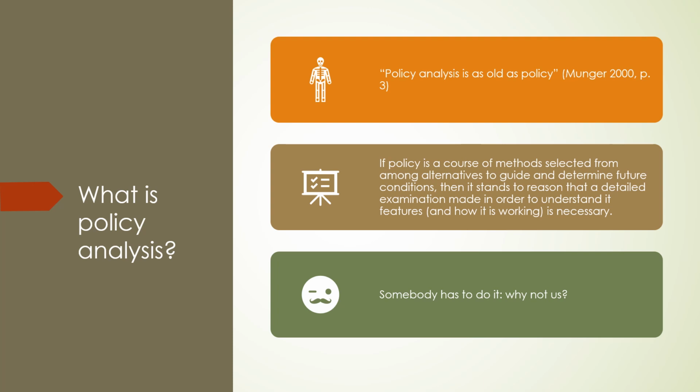So in other words, we're looking at public policy in determining which policies work best given the concerns and problems that society is facing. And somebody has to do it, right? And at least some of us in class might decide that it should be us.